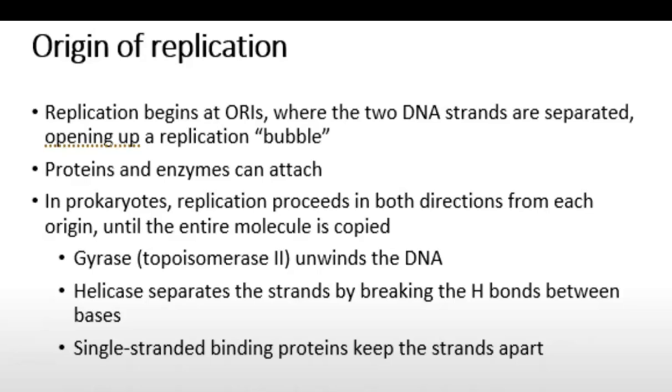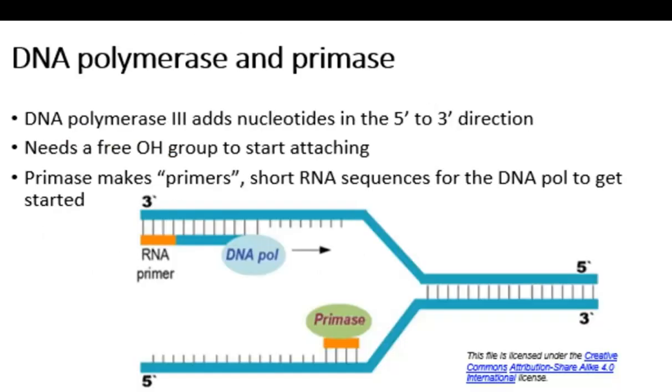Then we have the helicase. Helicase acts like scissors. It separates and breaks down the hydrogen bonds between the two strands of the DNA, and it unzips the DNA. Then single-stranded binding proteins attach to each of the single strands, to make sure they do not come back together.